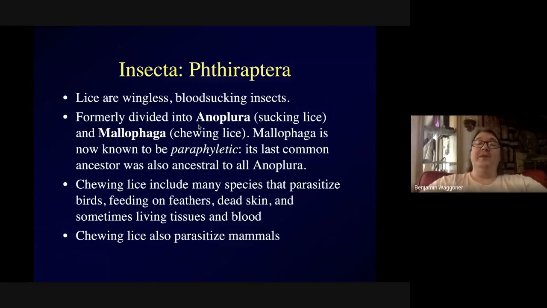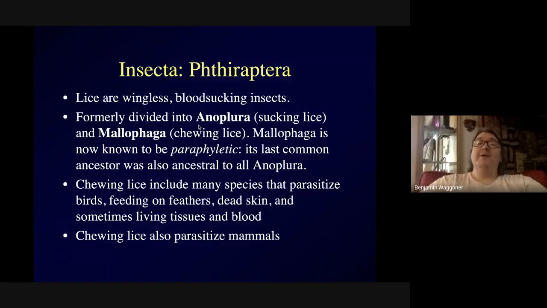They used to be divided into Anoplura, which is the sucking lice, and Mallophaga, the chewing lice. You'll still encounter those terms, but Mallophaga is now known to be paraphyletic, meaning the last common ancestor of all of them was also an ancestor of all Anoplura.